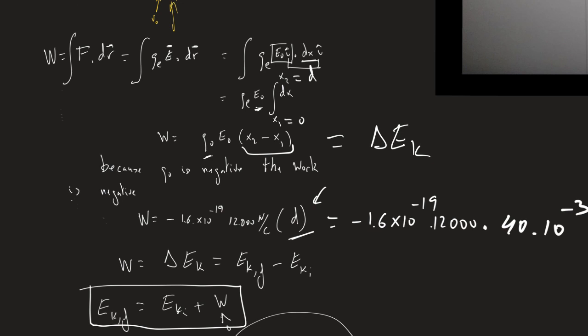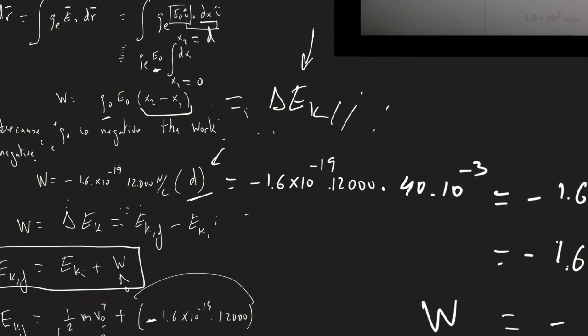What a force does on an object is create work, and what the work does is change the kinetic energy. In this way we avoid talking about the force, and we talk about the work done by the force, and what the force is doing: changing the kinetic energy.